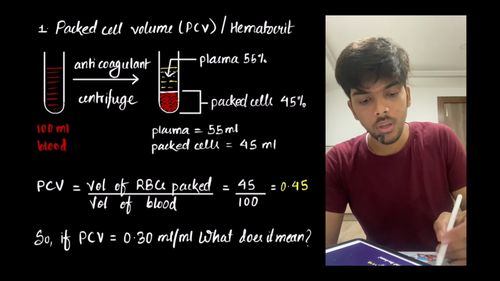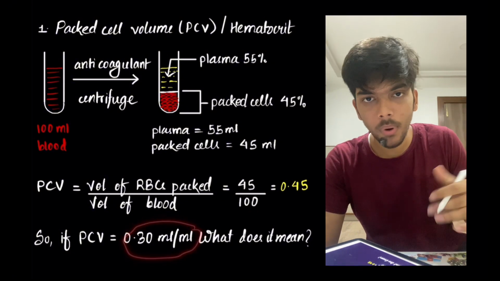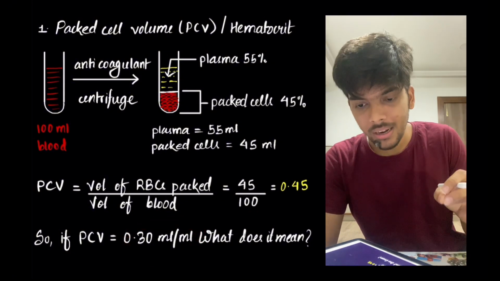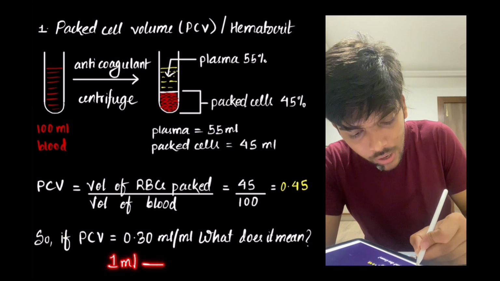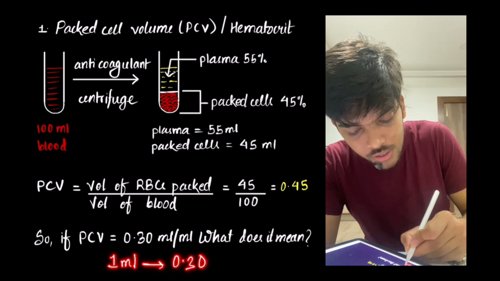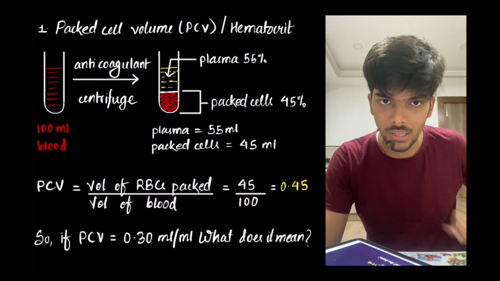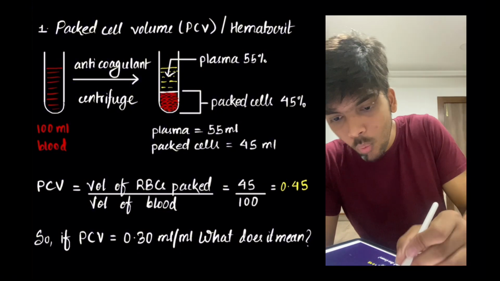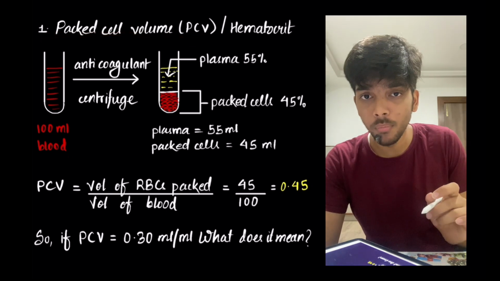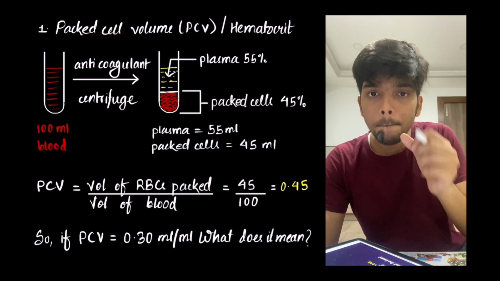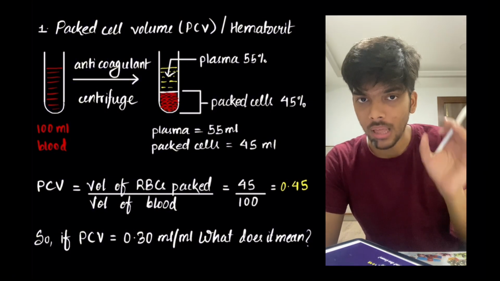So if packed cell volume is 0.30 milliliter per milliliter, what does this mean? It means that for every 1 ml of blood, we have 0.30 milliliter of red blood cells. Got it? One last time. What is packed cell volume? Packed cell volume is the volume of red blood cells packed together per unit volume of blood that we have taken.